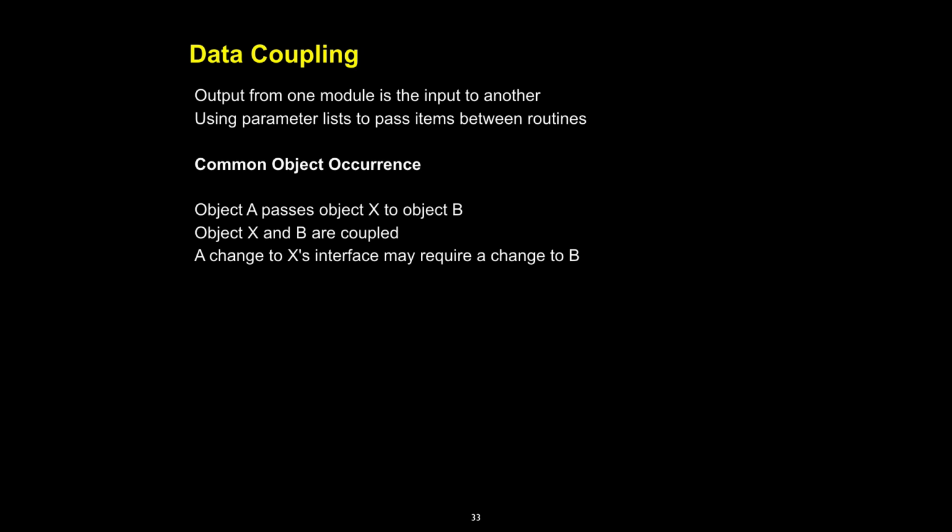So basically, it's you're passing in parameters or you're getting things back, right? The common occurrence is, yeah, object A passes object X to B, and so then B and X are coupled, right? And so if you change the interface to X, then B may change.